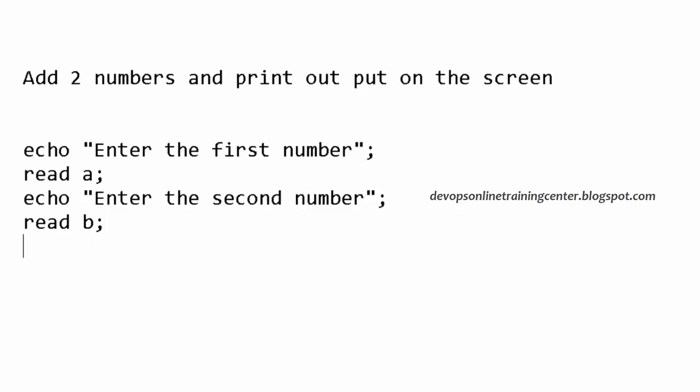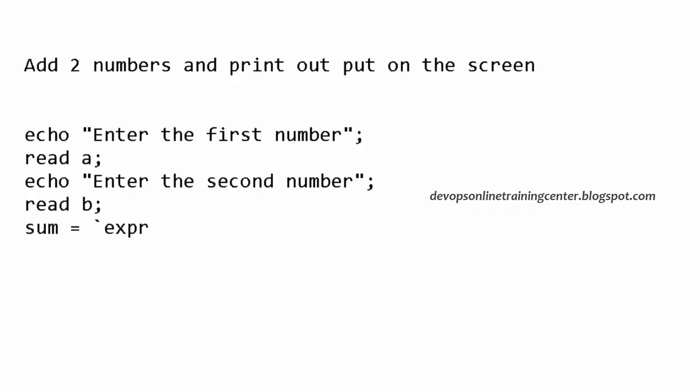What we need to do is use a command called expr. What is it? Expr, expression. For any arithmetic operations like plus, minus, divide, multiplication, we need to use a command called expr, and it has a syntax. This has to be enclosed in backticks. This backtick is the key under the escape button on your keyboard.